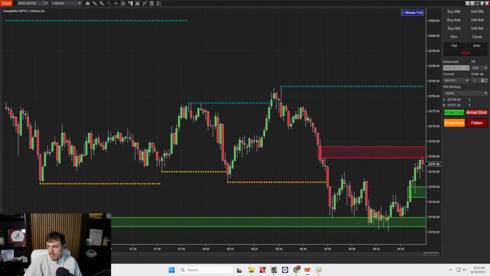Yeah, it depends if you're just blindly taking them, then it's probably a 40% win rate or something. But once you learn some more good things about what a good fair value gap is, definitely a little higher win rate.